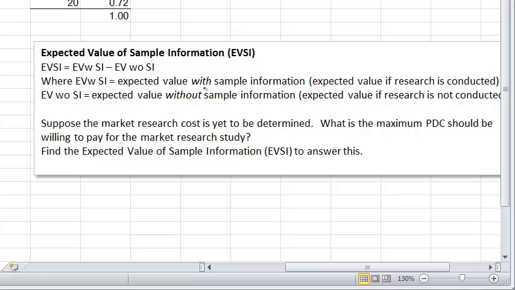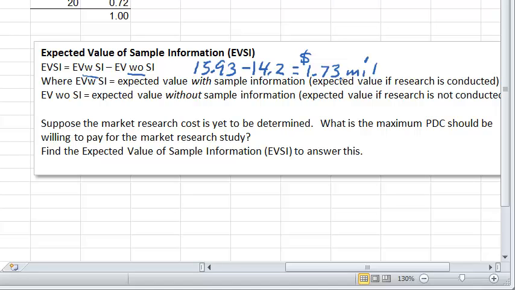So in this case, it is 15.93 right here minus 14.2, which is this term, and that's going to be equal to $1.73 million. And so the EVSI of $1.73 million is the maximum we're willing to pay for the market research.